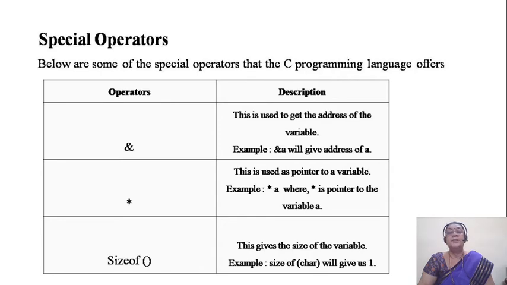Example, &A will give the address of A. Then the pointer, that is star, is used as a pointer to a variable. *A is a pointer to the variable A. The sizeof operator gives the size of the variable. Example, sizeof(char) will give us 1.